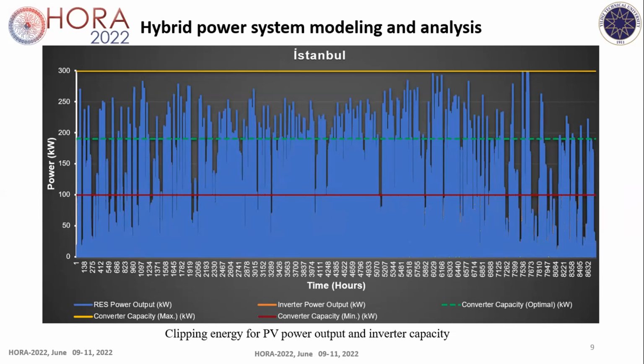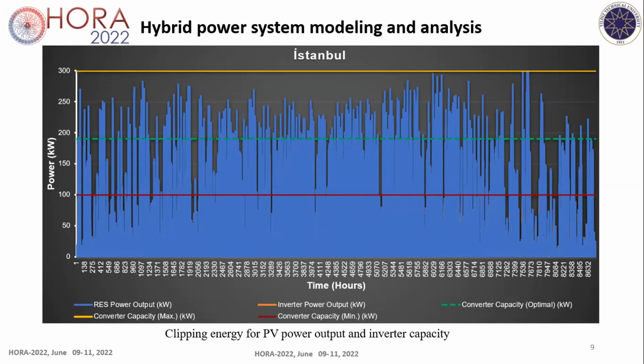If we select maximum capacity, we have increased installation cost. If we select the lower red line, namely minimum converter capacity, we have loss of clipping energy.